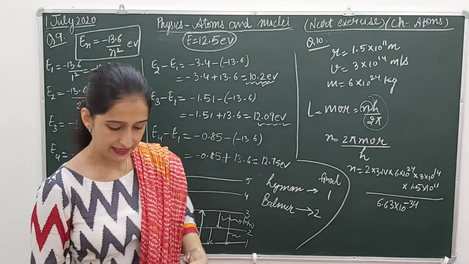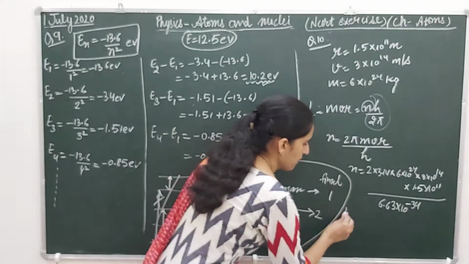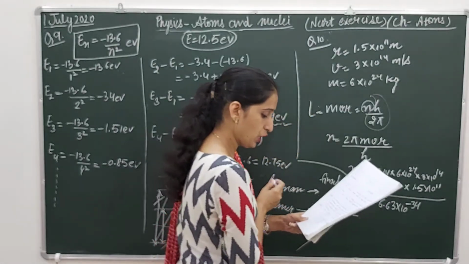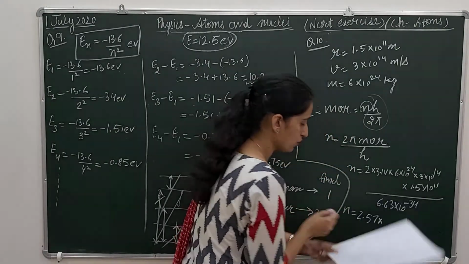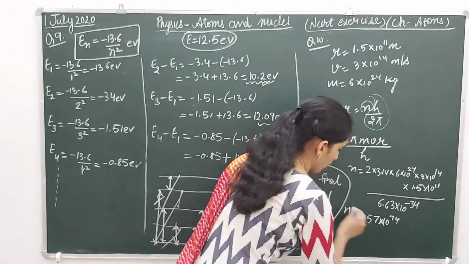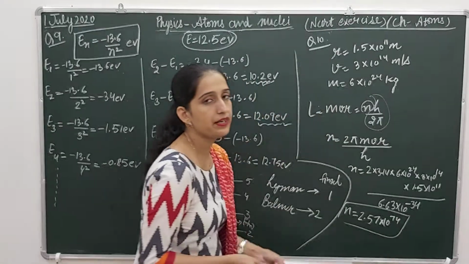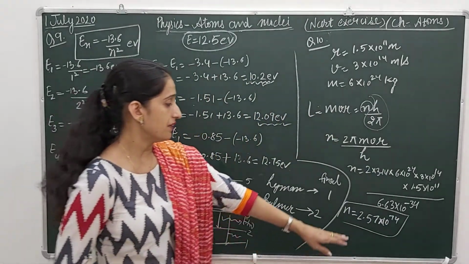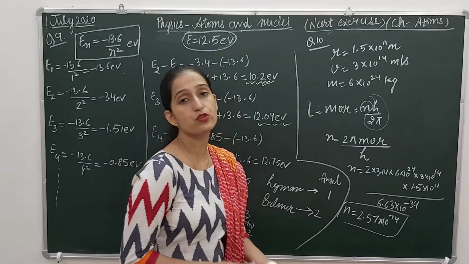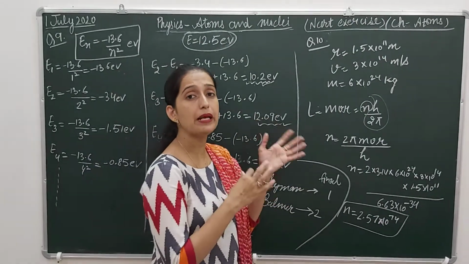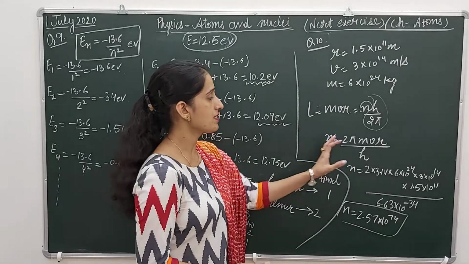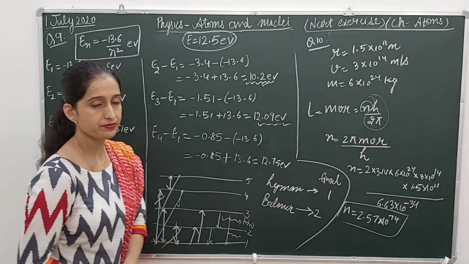On solving these values, we get n equal to 2.57 into 10 to the power 74. It is a quantum number, so it will not have any unit. The value is 2.57 into 10 to the power 74. This is a very big value. So this is the quantum number.